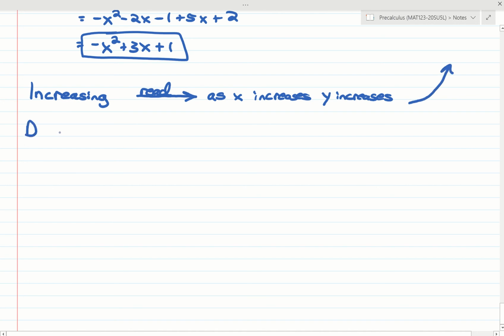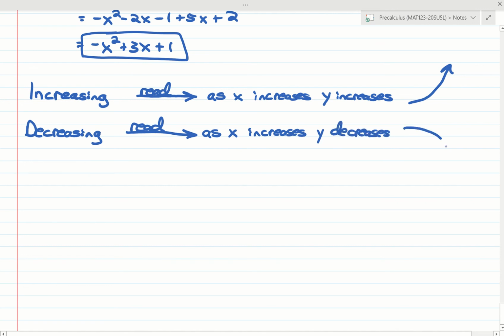We could also say a graph is decreasing. We always read graphs from left to right, just like if you were reading a book. As x increases, y decreases. So the graph is going down.